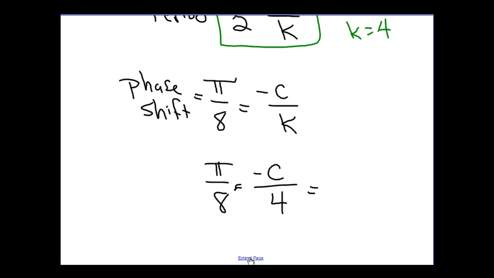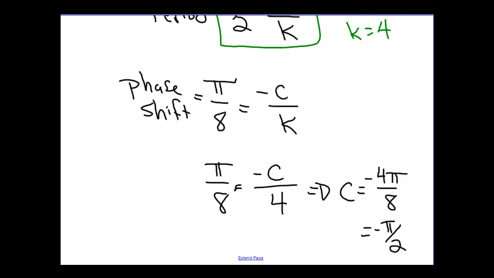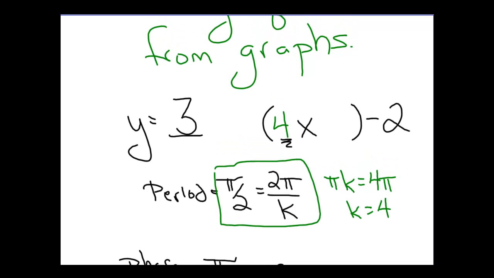And this then, if we solve this equation, tells us c must be minus 4 pi over 8, or minus pi over 2. And therefore, coming back up to our original function, if we choose this to be a sine graph, we would have a c value of minus pi over 2.